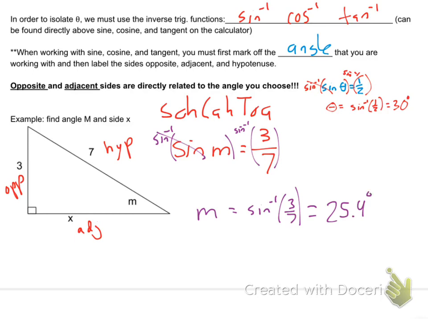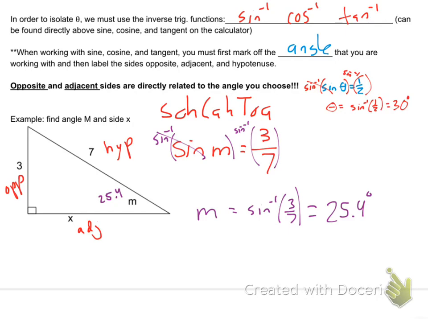Now here's the thing. 25.4, make sure everybody gets that, so pause the video, that's fine. That's an approximation. That is not a nice answer per se. It's not bad, but if I had a choice, do I use 25.4 to find other numbers, or do I not?